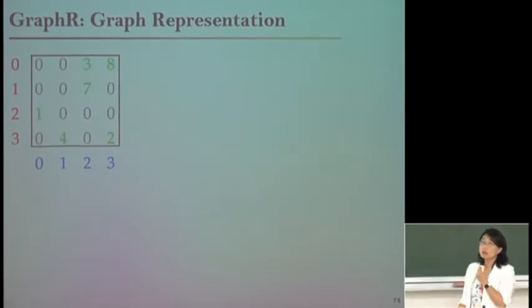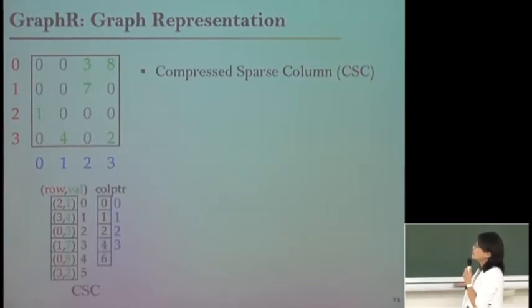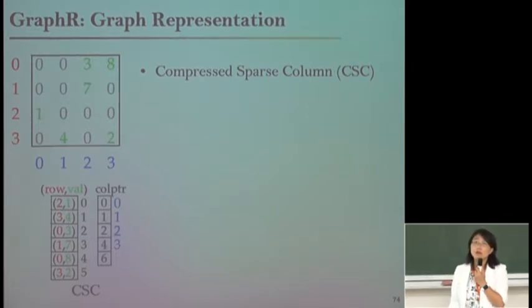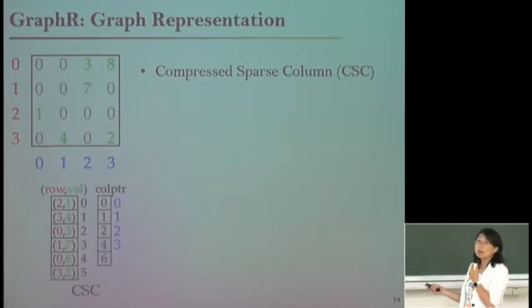We propose a structure called graph representation. The reason is that in graph accesses, the matrix itself is always sparse. For sparse graph matrices, people have proposed many compression methodologies. One compression methodology is the compressed sparse column. Essentially, it has some column pointers, starting from 0. So the first pointer is to column 0.